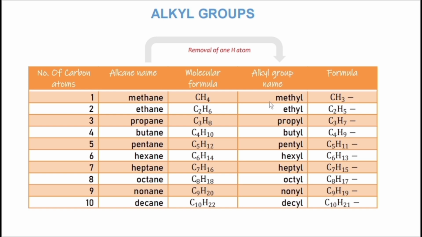So ethane will give you ethyl, propane will give you propyl, butane will give you butyl, pentane, pentyl, hexane, hexyl, heptane, heptyl, octane, octyl, nonane, nonyl, and decane, decyl. All of these, on the alkyl side, can be named as R groups. That is when the R group is an alkyl group.